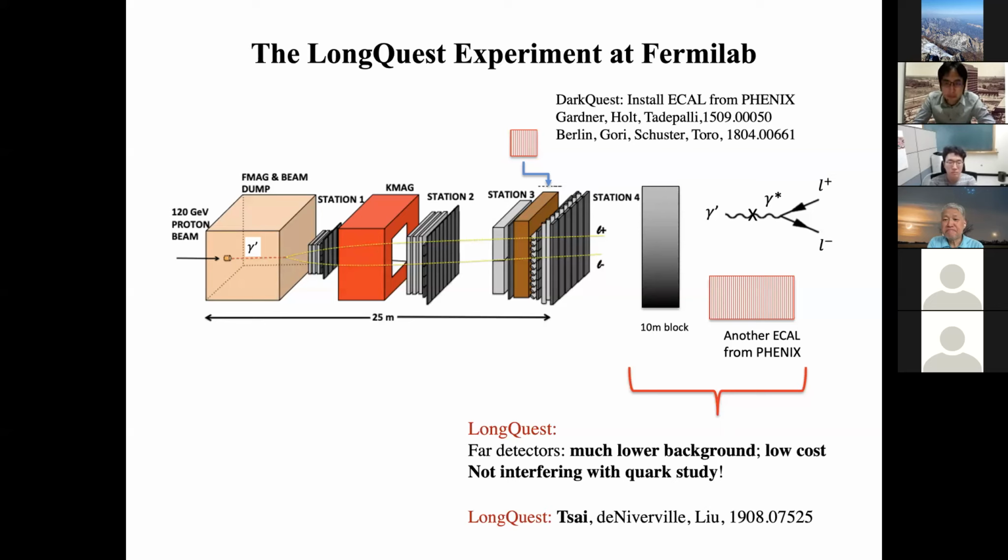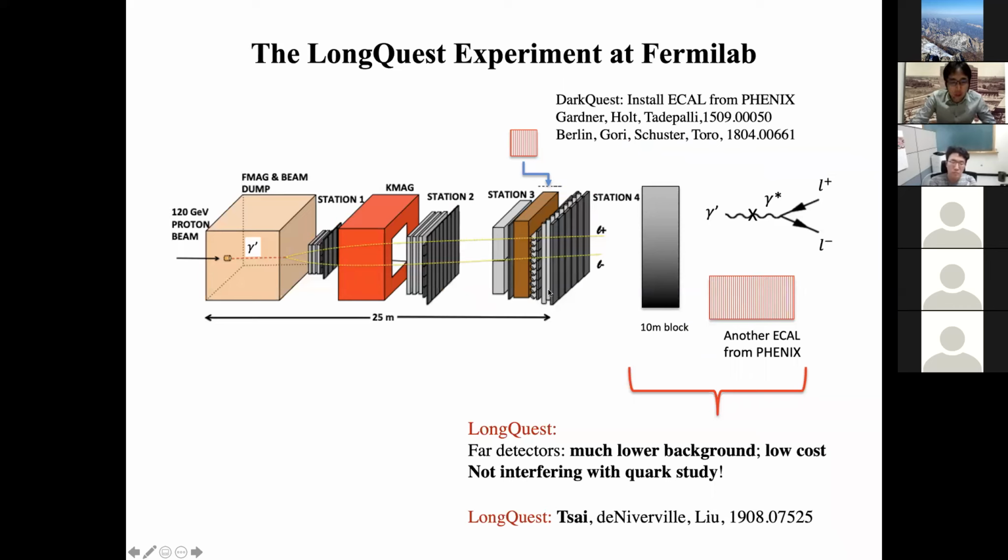I have some confusion. In this cartoon, the gamma prime decays in the first block and is then detected within 25 meters or so. But in your proposal, the gamma prime is long-lived, so it survives through this iron block and then decays in the last block. Then what's your target range of the coupling and mass in this case, given this dimension? That's a great question. I'm still working on the sensitivity for this one.